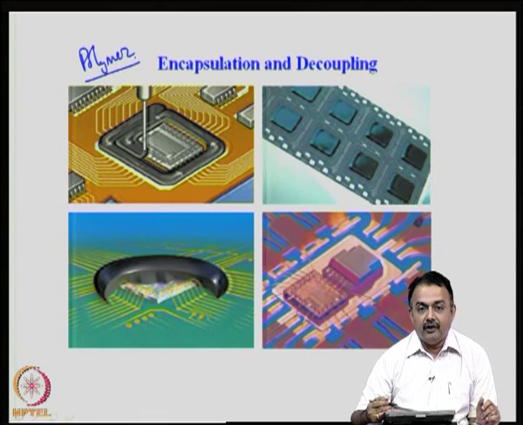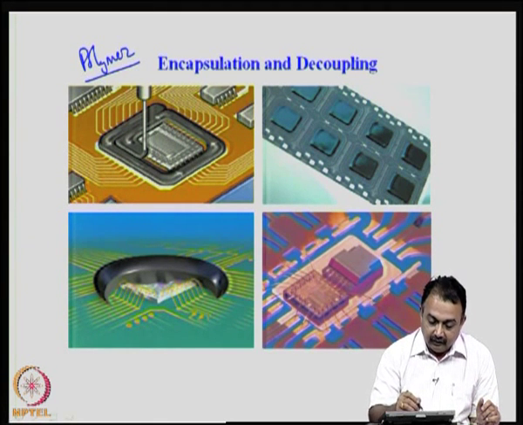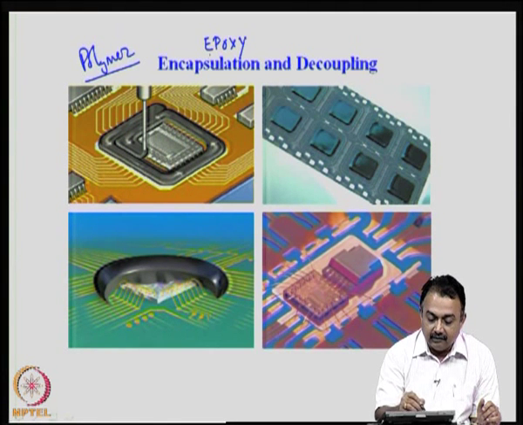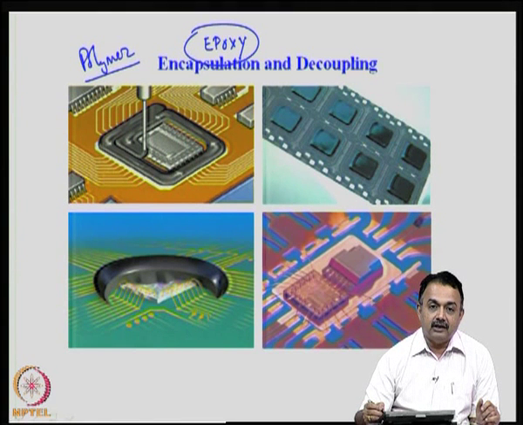So, what kind of polymer do we use? Normally, we use a very simple polymer called epoxy, which is very widely used, and basically it is very inert to other chemicals. It absorbs moisture to some extent, but the moisture can be removed by heating it or keeping it in an oven at about 80 degrees centigrade for about 10 to 15 minutes.